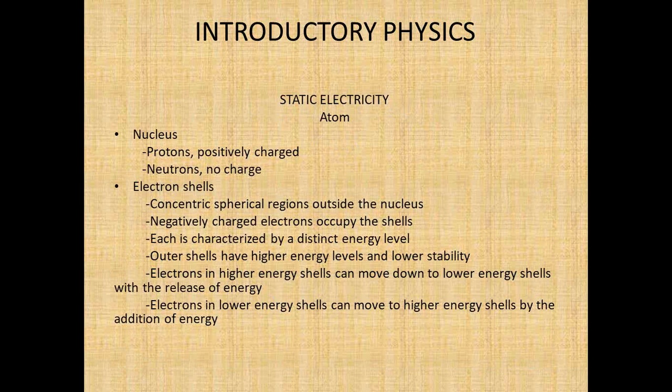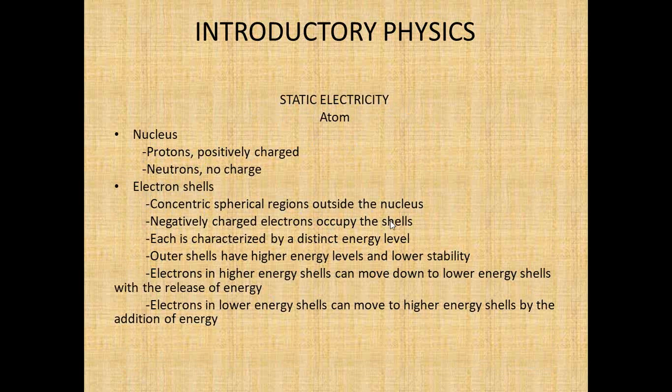All right. So again, the nucleus contains protons which are positively charged, neutrons which have no charge, and then you have the electron shells around the nucleus. The electron shells are essentially concentric spherical regions around the nucleus. The negatively charged electrons occupy these electron shells.